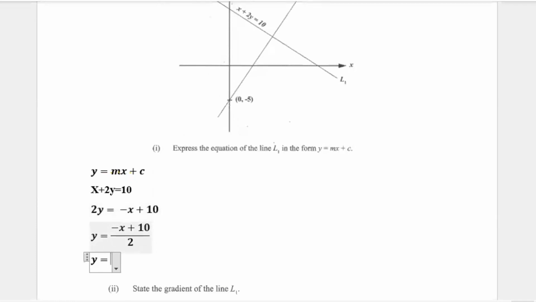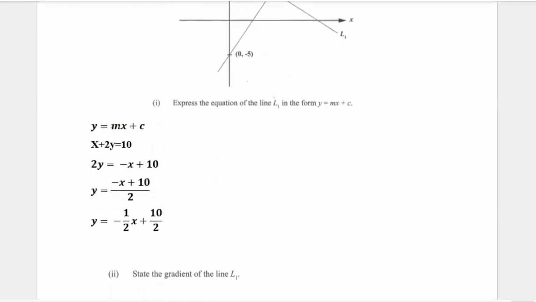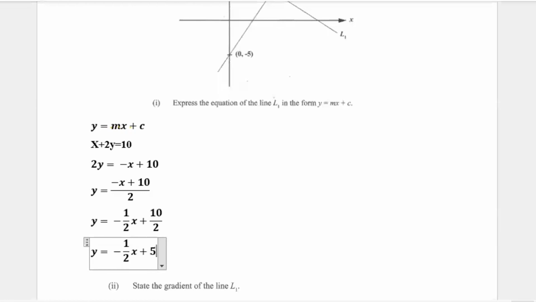So y is equal to minus a half x plus 10 over 2, which is 5, and that is how they got 5 there. Now when we simplify it, we get y is equal to minus a half x plus 5. So 10 divided by 2, and that is how we got 5 there.